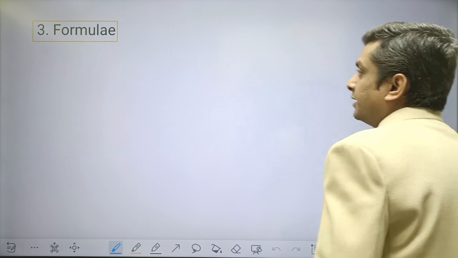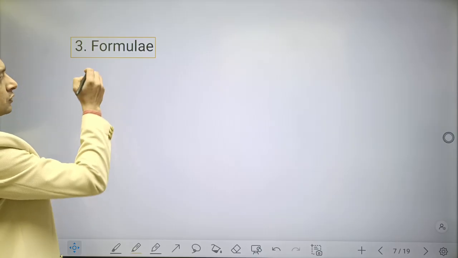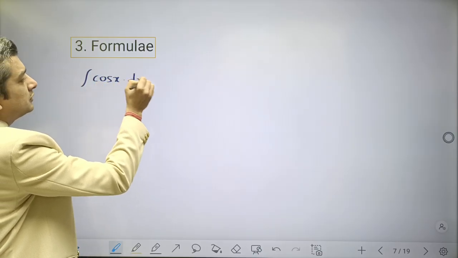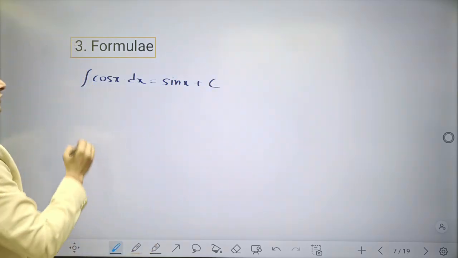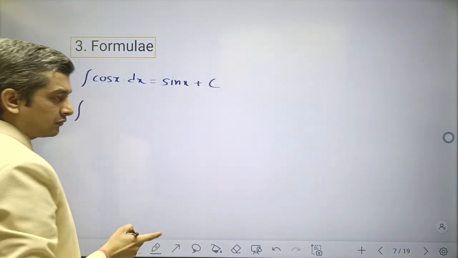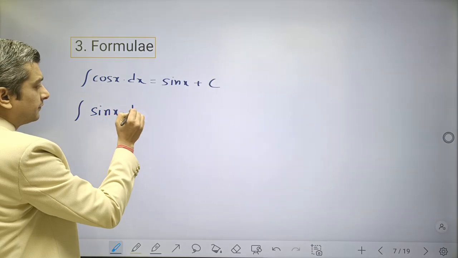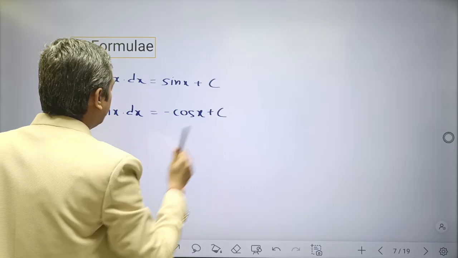So now let us have a look at the formulae. The very first formula: differentiation of sine x is cos x, so integration of cos x is equal to sine x, and we put the constant of integration. Similarly, differentiation of cos x is equal to minus sine x, so integration of sine x is equal to minus cos x plus c.